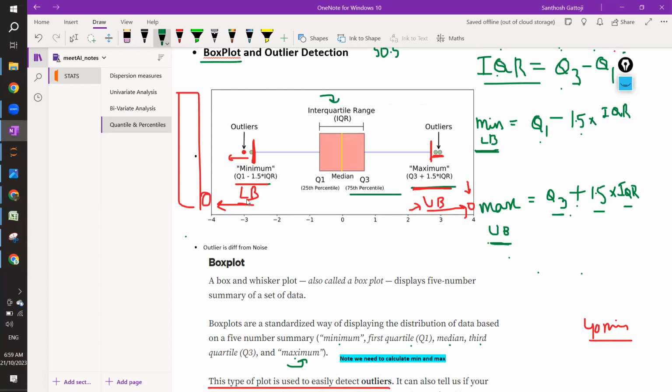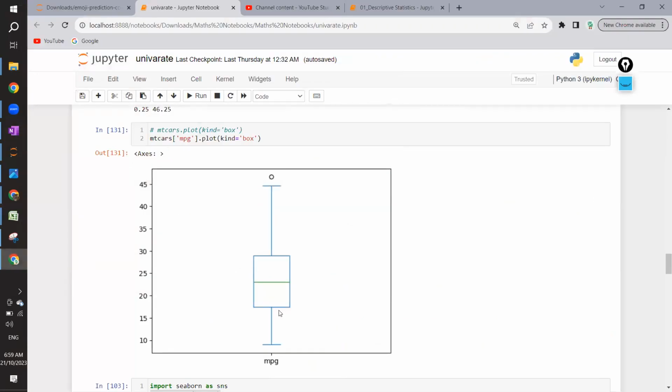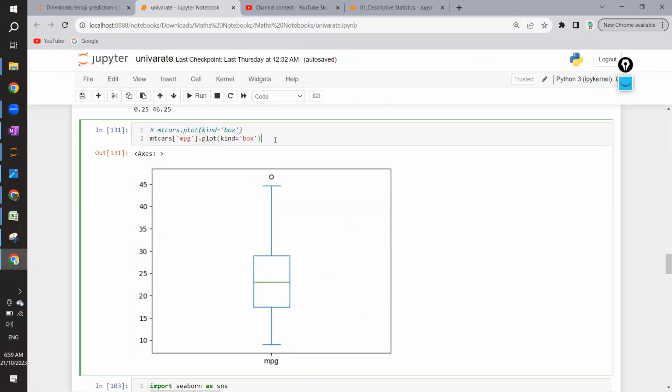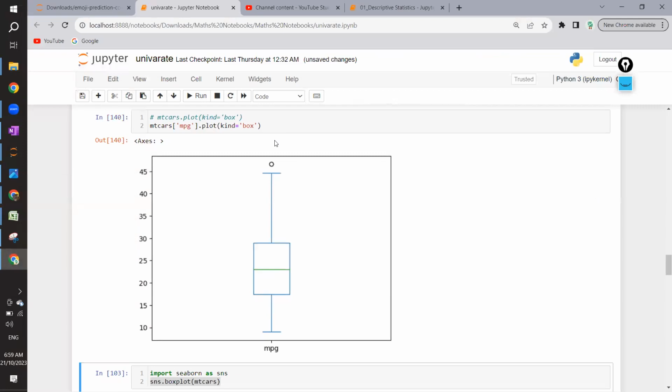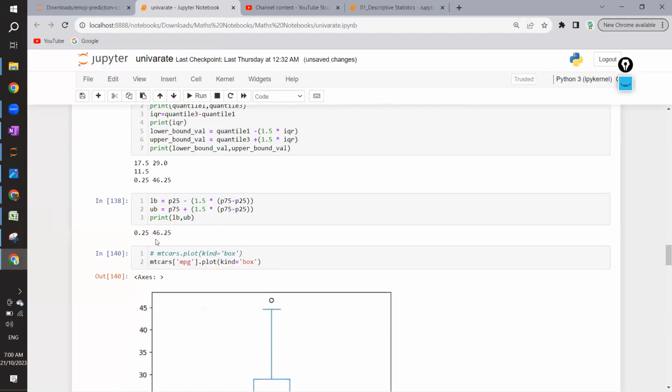No, the lower bound is, one second guys, the lower bound is actually Q1 minus 1.5 times IQR. So this is the minimum value which we are getting. Fine. So it should also plot.